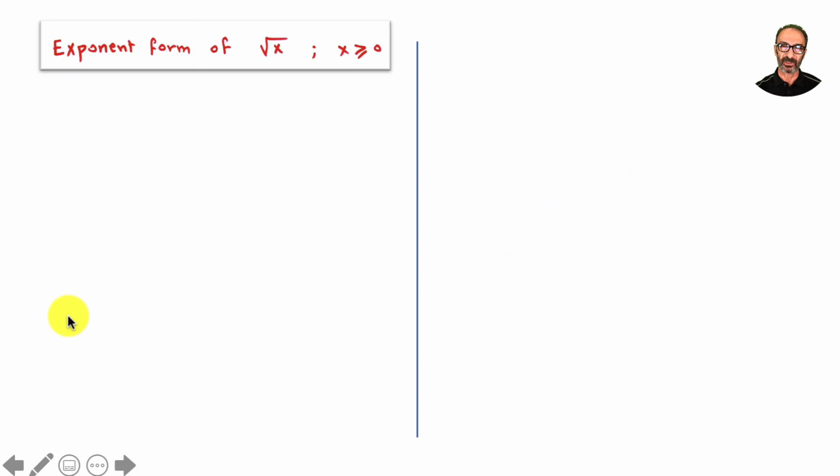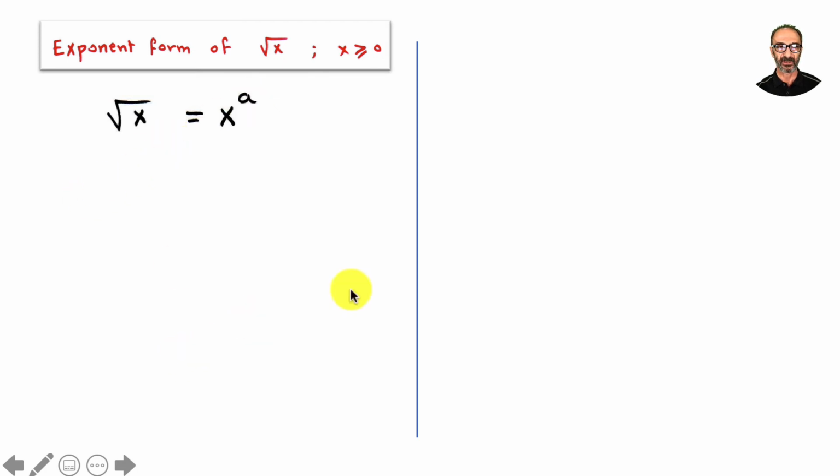Here's something interesting. If we want to rewrite square root of x as a power, in exponent form, we could assume that the square root of x equals x to the power a. Now we need to find a. To write it in exponent form, I need to write it this way, but what would a be?